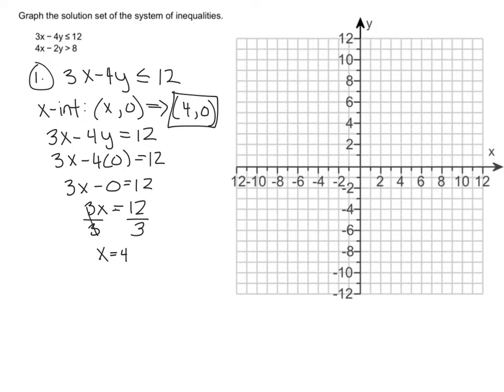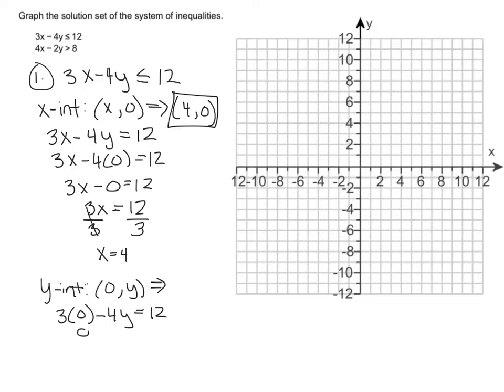Next, we're going to find our y-intercept. And the y-intercept is found by substituting in a 0 for x. So I have 3 times 0 minus 4y equals 12.